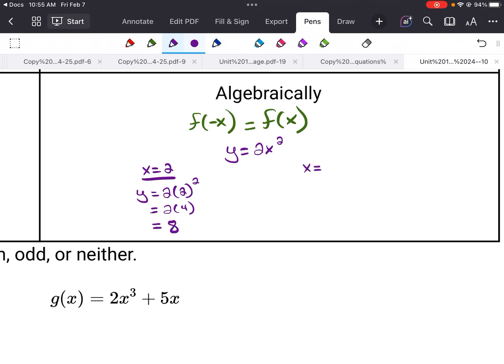But if we work with plugging in negative 2, y equals 2 times negative 2 squared, which is still 2 times positive 4, giving us positive 8. So that would make an even function.